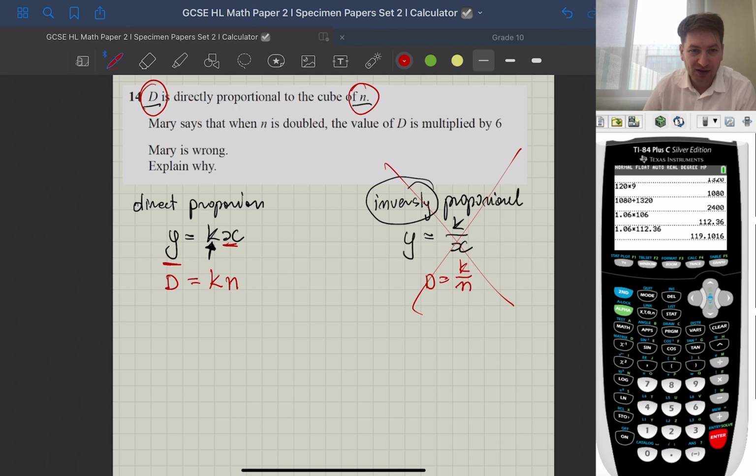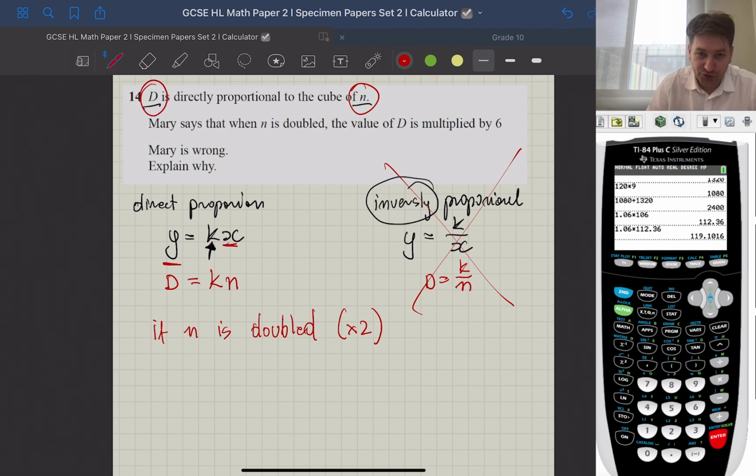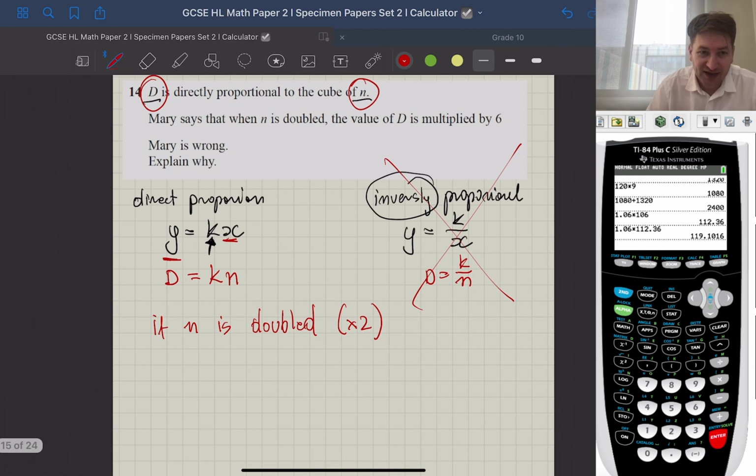Now, if n is doubled, which is times by 2, therefore your scale factor is 2 to the power of 3.